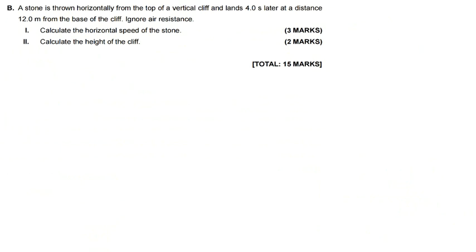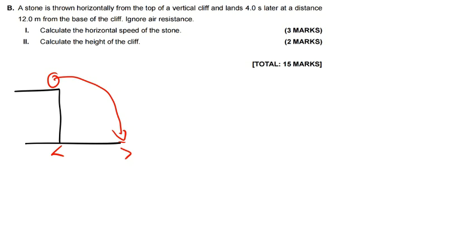Now the last one here for question 2 is saying a stone is thrown horizontally from the top of the vertical cliff and lands 4 seconds later at a distance of 12 meters from the base of the cliff. Ignore the air resistance. Let's first come up with a free body diagram. This is case 1, where from here you throw an object, it goes there. I expect to have the range which you have been given.